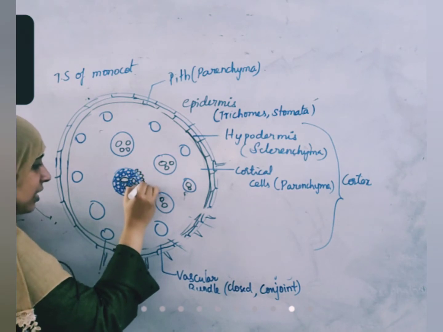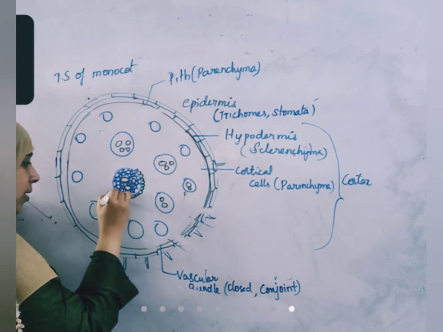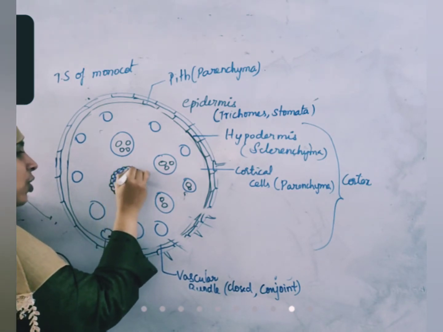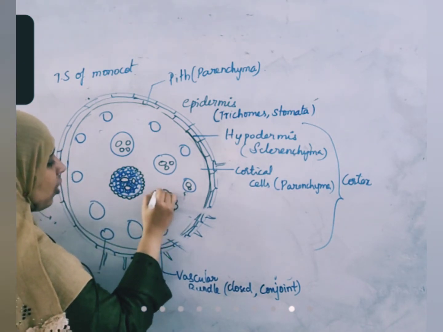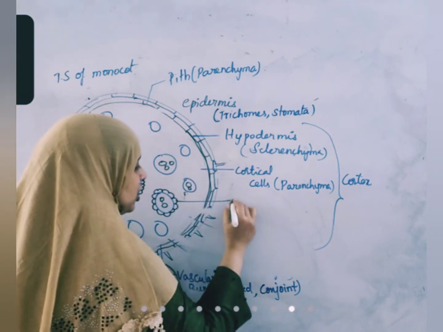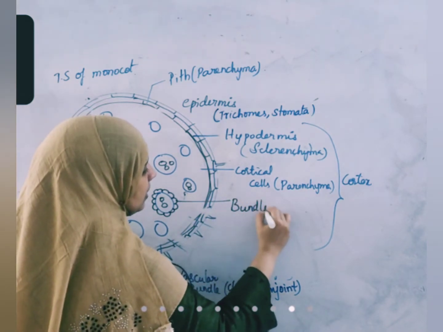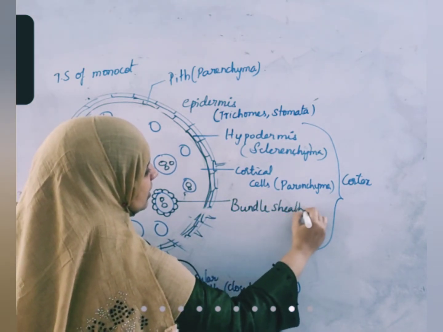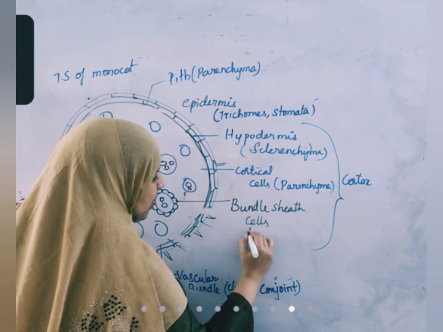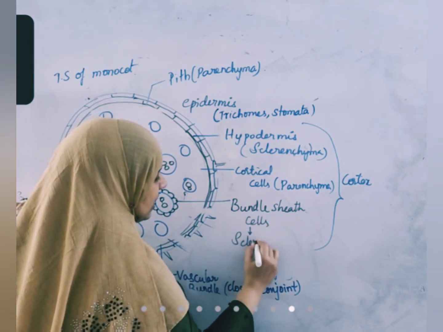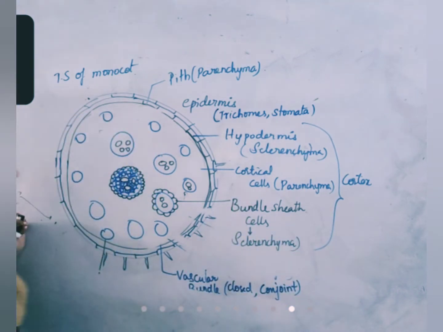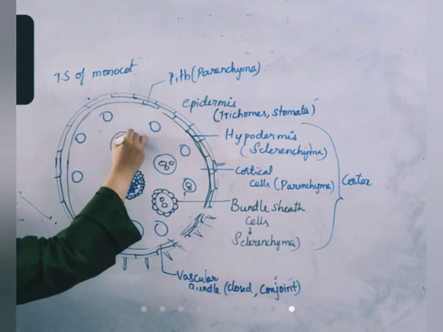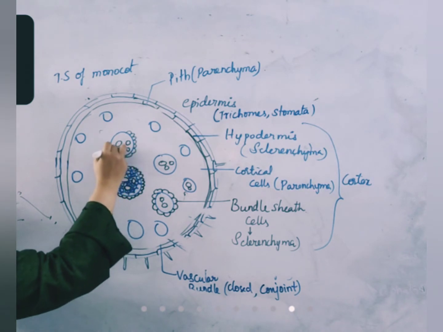These sclerenchyma cells are called as bundle sheath cells. What they are called as? Bundle sheath cells. What they are made up of? Sclerenchyma. Remaining all cortical cells made up of parenchyma.